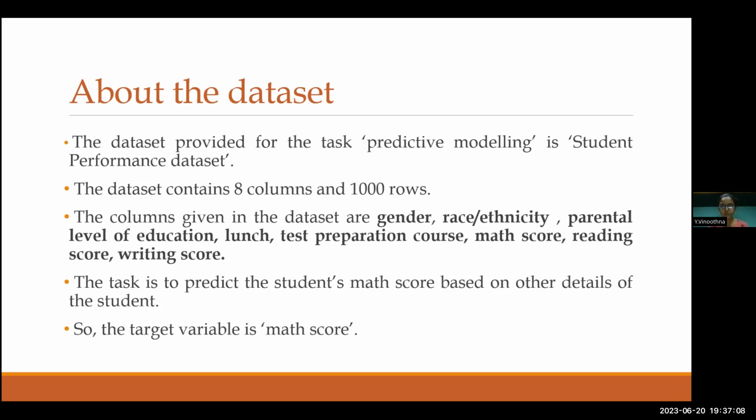For the test preparation course, let us say she has completed it. Then the math score, which we have to predict. Reading score and writing score are given as 60 and 80. By considering all these features, I have to predict her math score so that I can analyze her performance in her academics. So this is the main task.